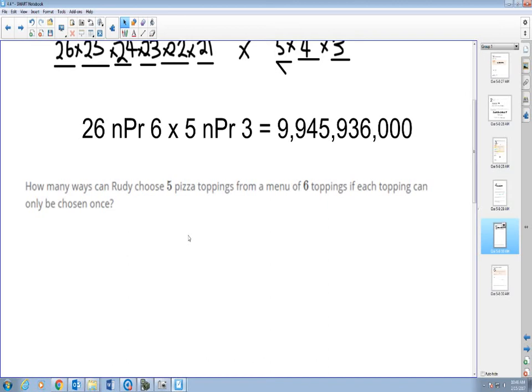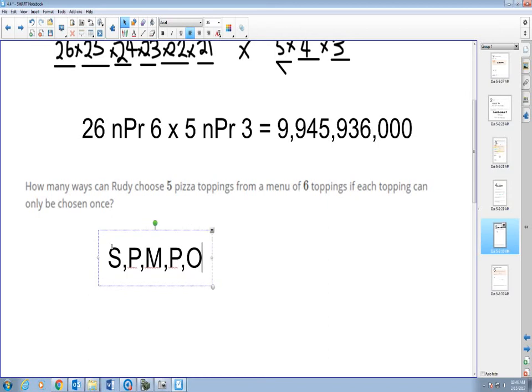Does it really matter which one I choose first? So, if I want my toppings to be sausage, pepperoni, mushroom, I like mushroom, pepper, onion.